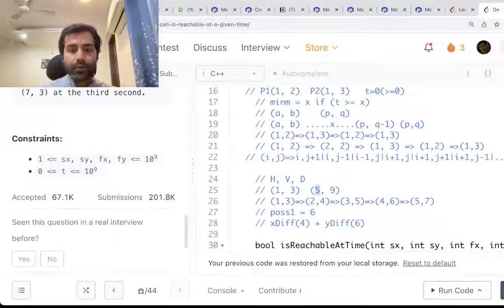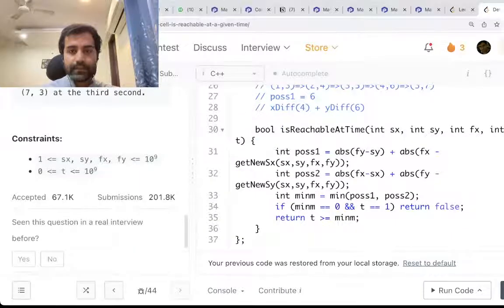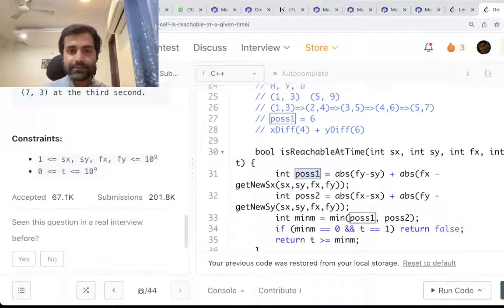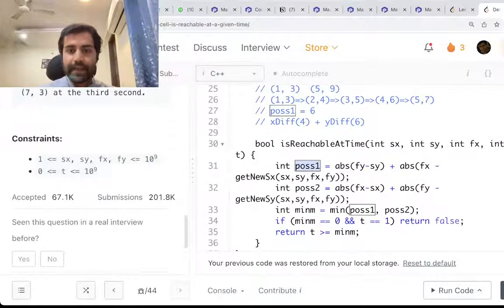Cool. So if I go by this idea, if you look at POS 1 and POS 2, these are just the two possibilities that I just illustrated here. In my first possibility, I have tried to make my y coordinate equal to the y coordinate of the final point.